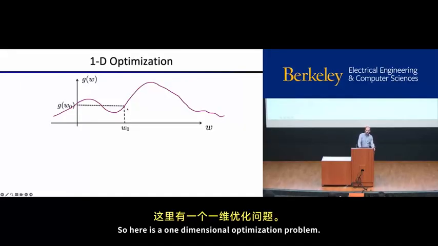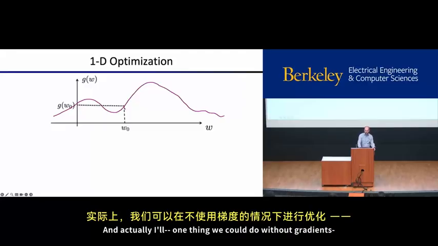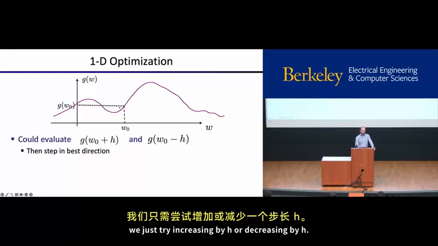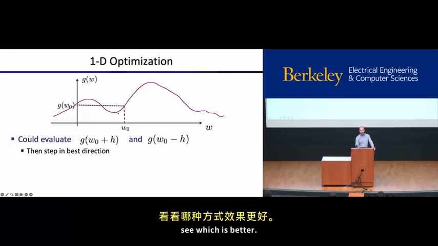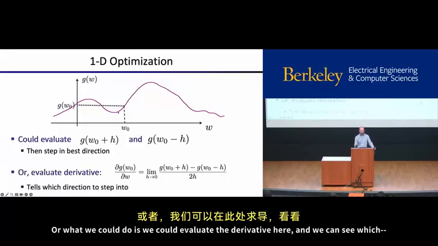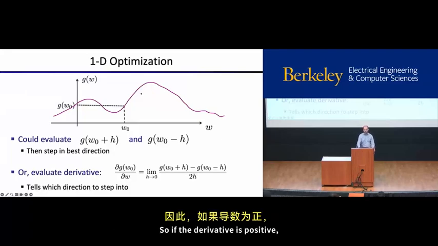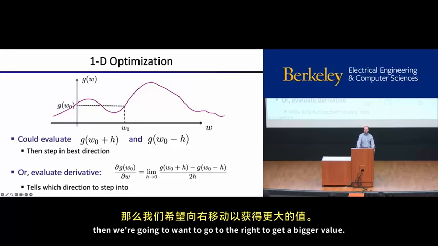So here's a one-dimensional optimization problem, and one thing we could do without gradients, which would be fine in one dimension really, is we just try increasing by h or decreasing by h, see which is better, and go in that direction. Or we could evaluate the derivative here, and see whether going to the left or to the right brings us up. If the derivative is positive, then we're going to want to go to the right to get a bigger value.